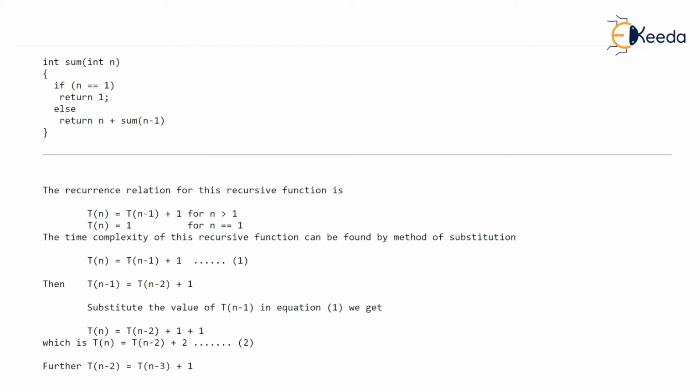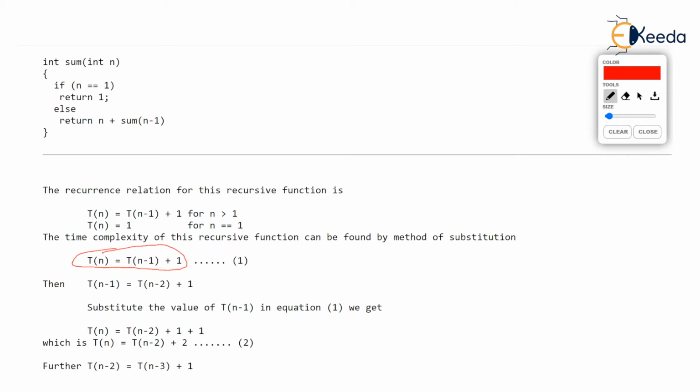So I'll again erase the slate. You just check this. We started with our basic recurrence relation. Then we saw what is Tn minus 1. Tn minus 1 is simply Tn minus 2 plus 1. Now we substitute the value of Tn minus 1. That's the method of substitution. Simply substitute the value of Tn minus 1 in equation 1.